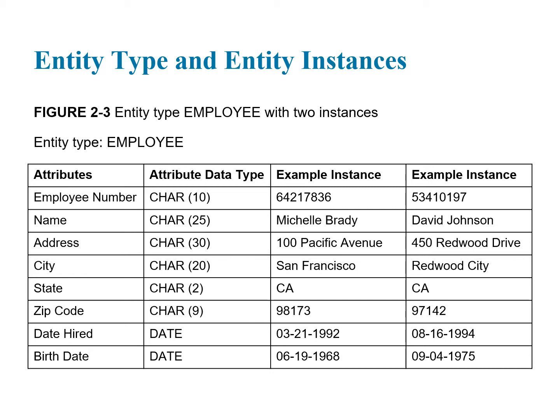Remember what we talked about regarding data names as well as the types of data. By contrast, the third and fourth columns represent two entity instances. These would be actual records or rows in the final database table that implement this entity type.